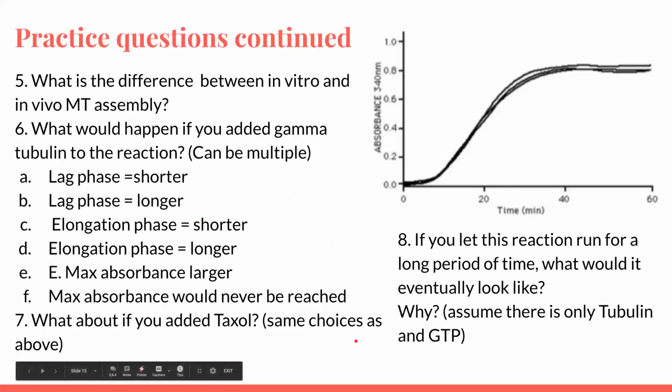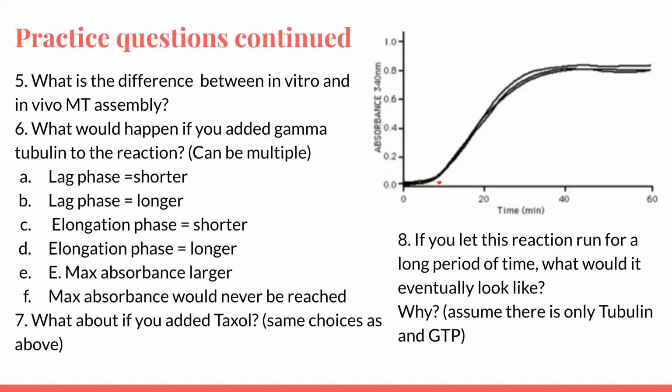So I would say that the answer would be a shorter lag phase, so a longer elongation phase, and definitely E, because the max absorbance would be larger. The reason I would say lag phase is shorter, I saw a bunch of people said B. The lag phase would be shorter because if you're adding these gamma tubulin ring complexes, or gamma tubulin, that would allow the microtubule to form faster.